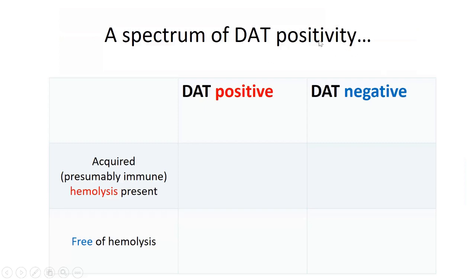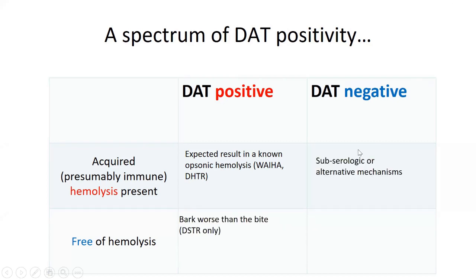On the spectrum of DAT positivity, we appreciate that there isn't always a correlation with the presence or degree of hemolysis. If you have warm autoimmune hemolytic anemia or an obvious delayed hemolytic transfusion reaction, you may be both DAT positive and obviously have correlative hemolysis. On the other hand, you may be DAT negative and yet have quite significant hemolysis.